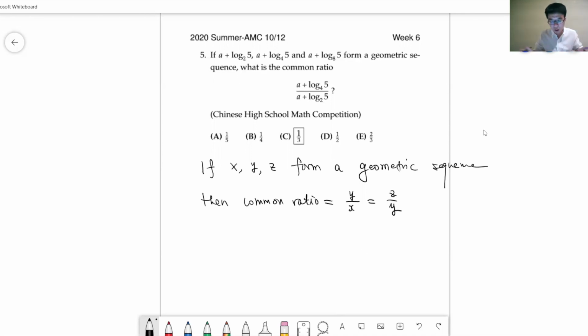Okay, and then we can combine these two to get the same value equals Y minus Z over X minus Y. And in this problem, the last expression of common ratio is useful.